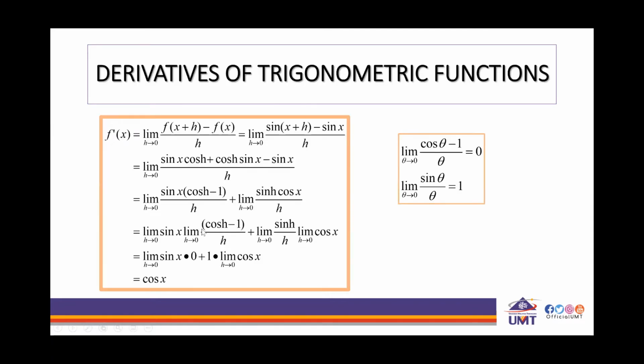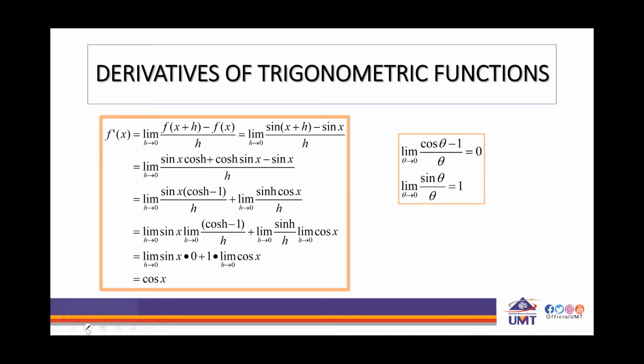Alright. So student, now we want to have a look at how we derive the trigonometric functions, right? As you can see here, for example, f prime x is apa student? What is f prime x?